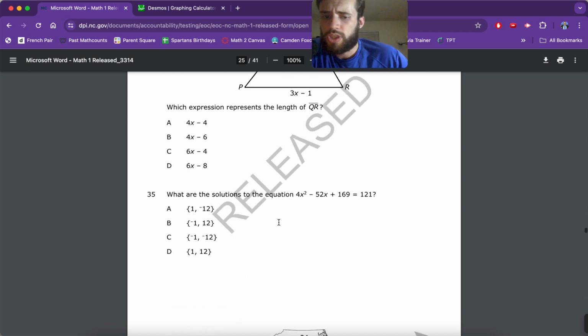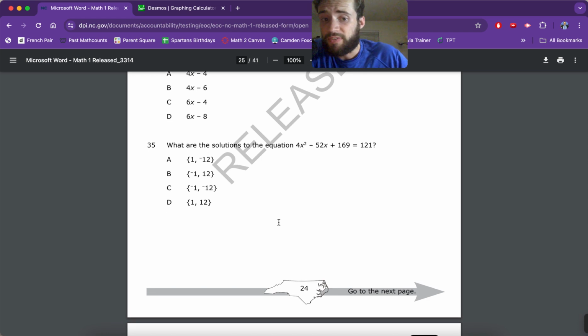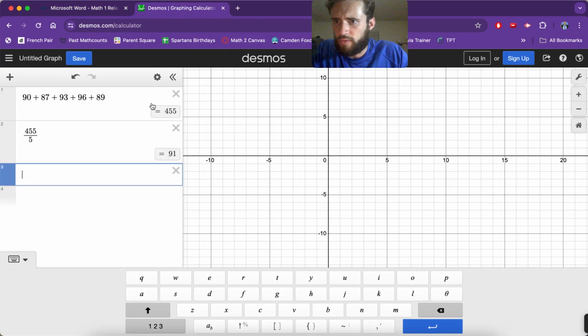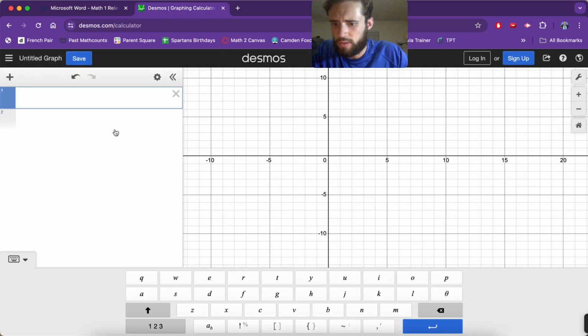What are the solutions to the equation 4x squared minus 52x plus 169 equals 121? All right, so when they say the solutions, you're essentially finding the zeros, except there's no y equal. Just subtract 121 from both sides, and you'll get a quadratic equal to 0, and then you're just solving the zeros. So if you want to solve this, you could just type it into Desmos.